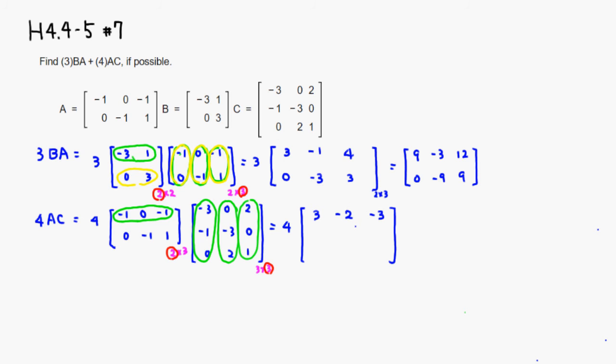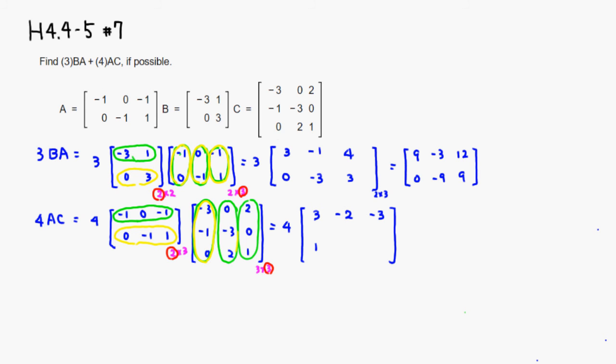Then we work on the second row: 0, negative 1, 1. Times negative 3, negative 1, 0: 0 times negative 3 is 0, plus negative 1 times negative 1 is 1, and 1 times 0 is 0, so it's 1.